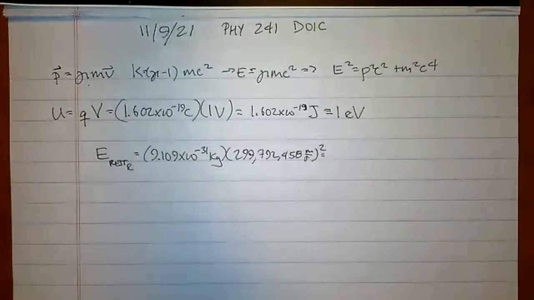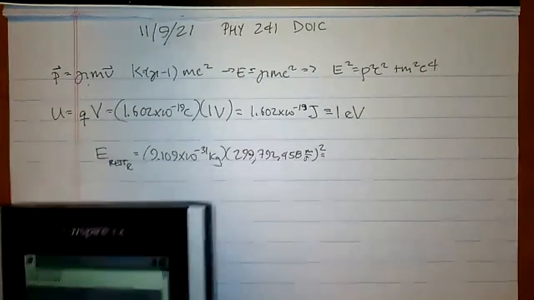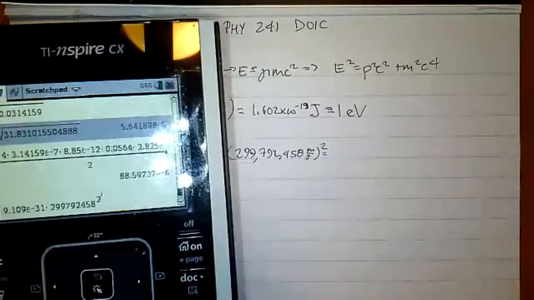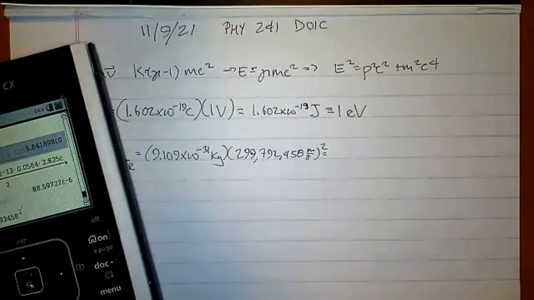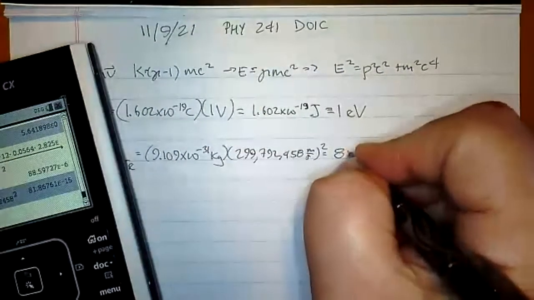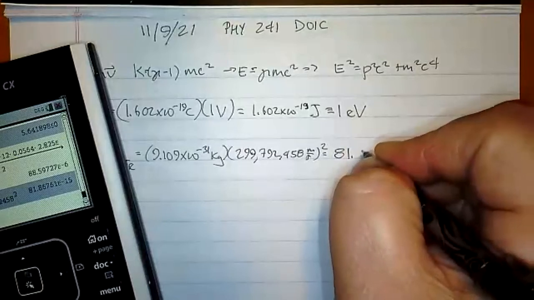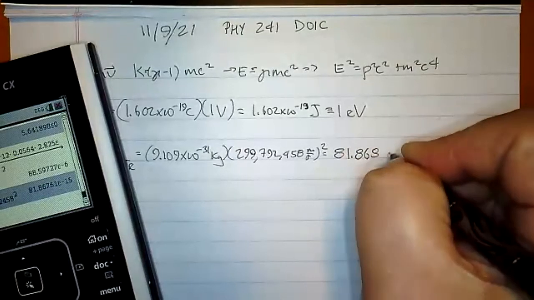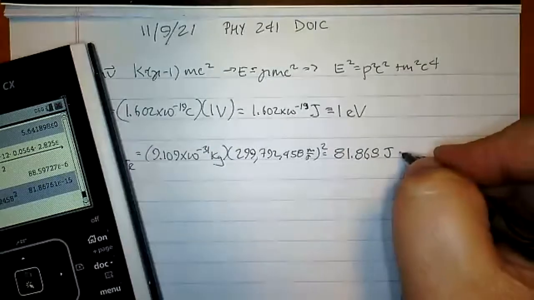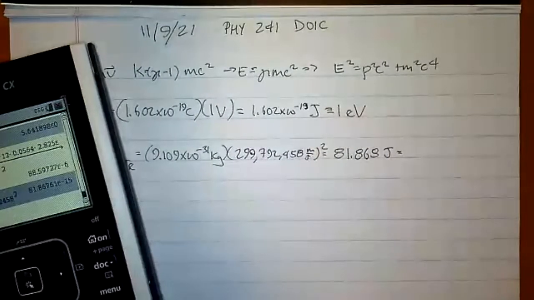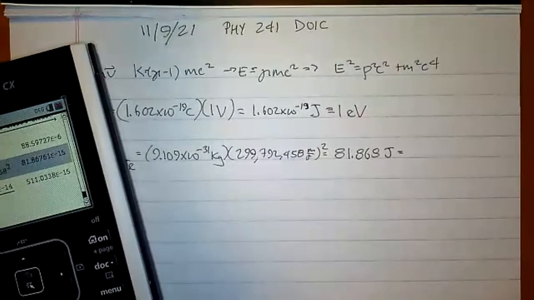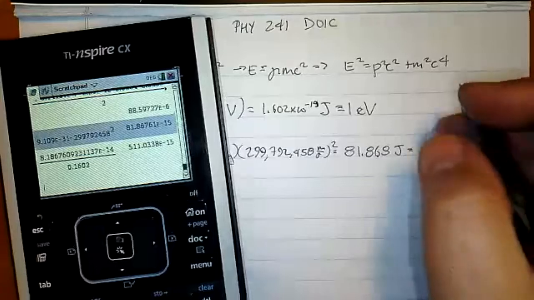So I'm going to enter 9.109 e to the negative 31 times 299,792,458 squared, and I get 81.868 joules. Now I convert that to electron volts by dividing by 1.602 e to the negative 19.